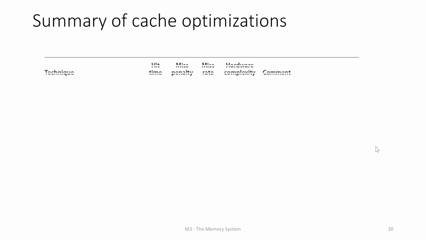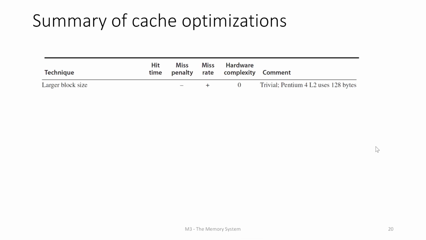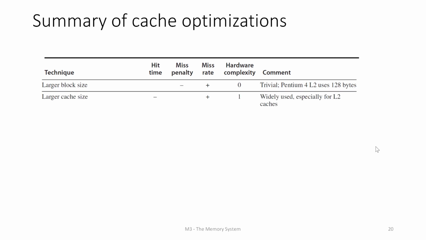In summary, we have looked at 6 cache optimizations. The first one is going for a larger block size. It can help us with the miss rate by reducing the cold misses, but it can increase the miss penalty. We can go for larger cache size. Again, it would help us with reducing the capacity misses, but accessing a larger cache can affect its hit time.